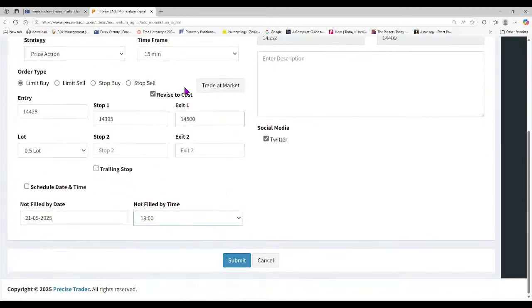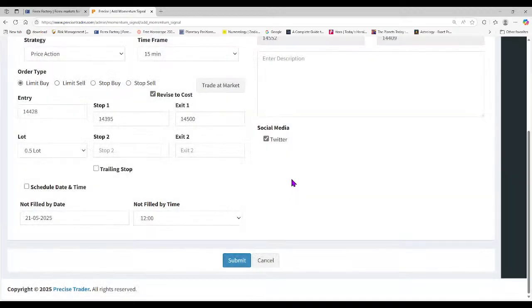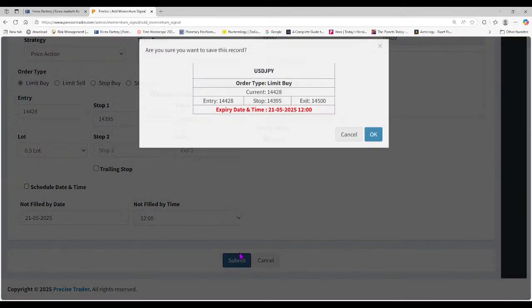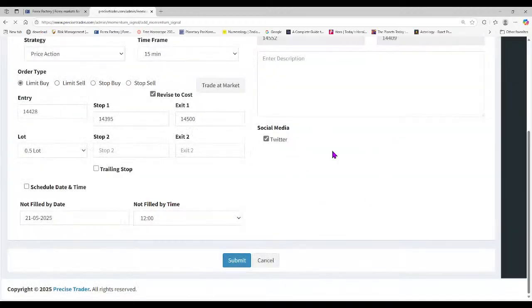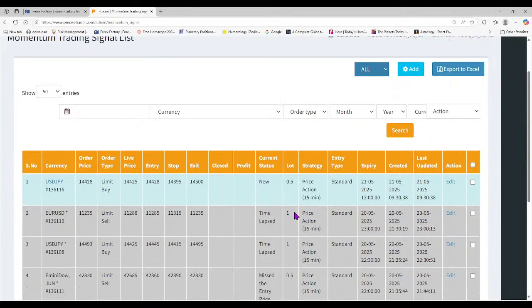Since I'm just trying to enter the market, later we have to change it to the price, because normally with the market order it doesn't allow me to change. Okay, so we are going for this.